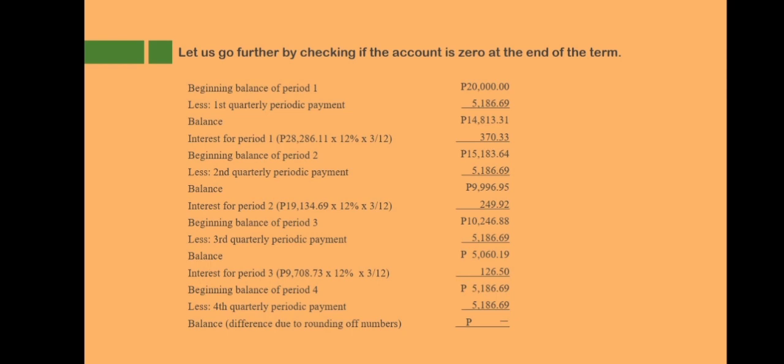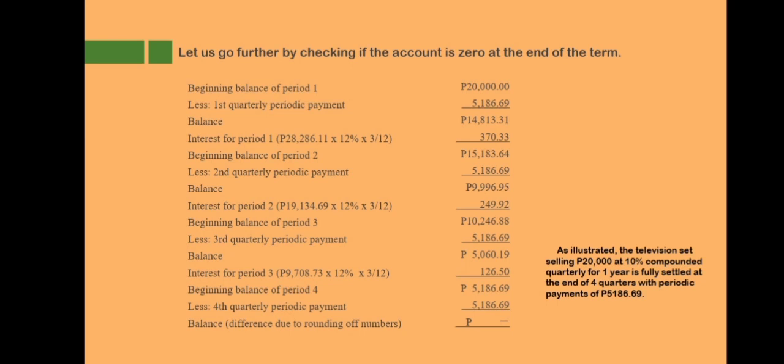So, ang magiging balance na ngayon after the quarterly periodic payment is 0. So, as illustrated, the television set selling 20,000 pesos at 10% compounded quarterly for 1 year is fully settled at the end of 4 quarters with periodic payments of 5,186 pesos and 69 cents.